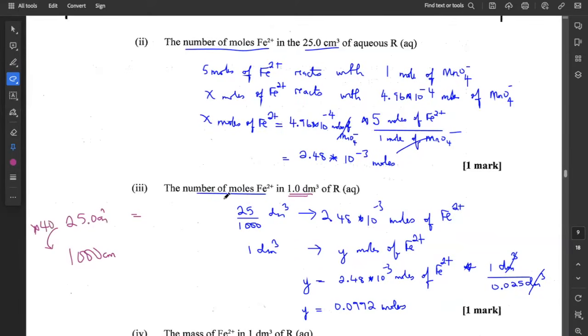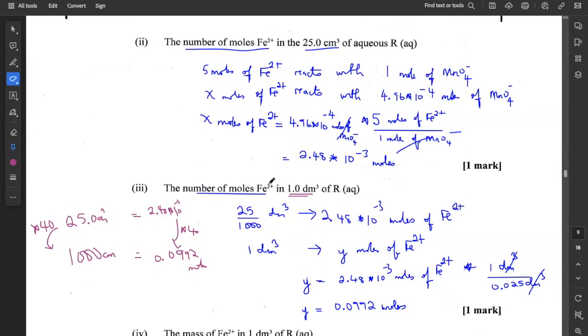And so effectively, we're going to have to multiply that 2.48 times 10 to the negative 3 by 40, because we're scaling up now, right? That's a little shortcut here. And when we do that, we'd end up with this very same number of 0.0992 moles, right? But your tried and true cross multiplication will always get you there as well. So this is our final answer, okay?